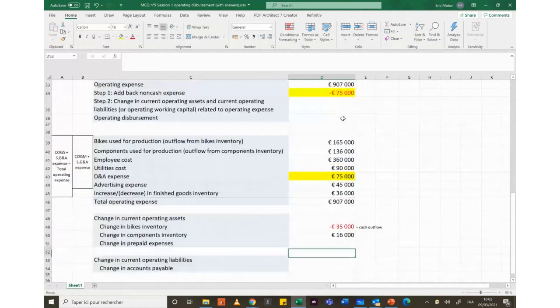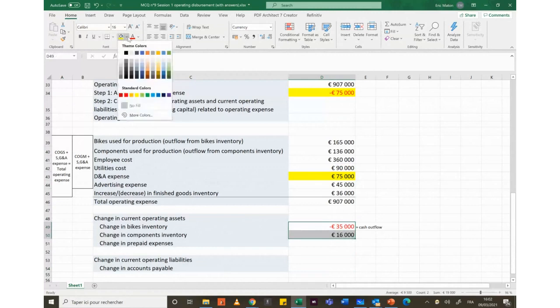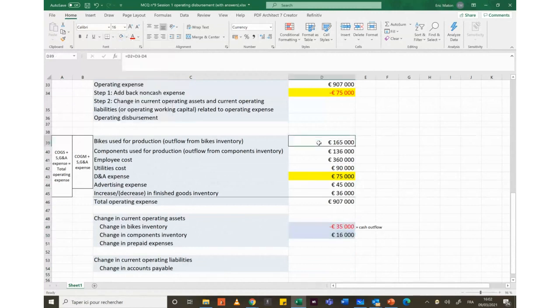So don't forget this one and this one, I will put in blue, is already included in this one. Okay. Because here the calculation is bags purchase minus the increase or plus the decrease in bags inventory.